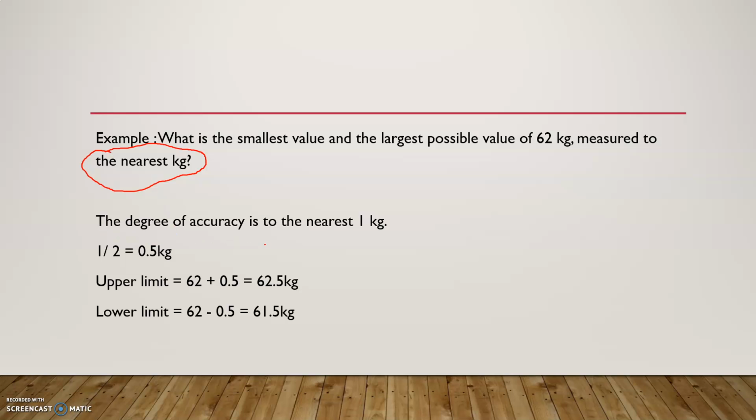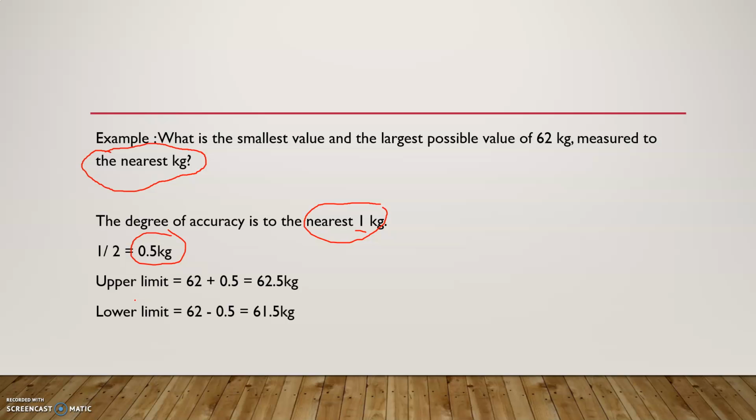So the degree of accuracy is to the nearest 1 kg. Again, we're going to follow the same rule as before. So 1 divided by 2, so we need to split into 2 halves. That will be half a kg, 0.5 kg.